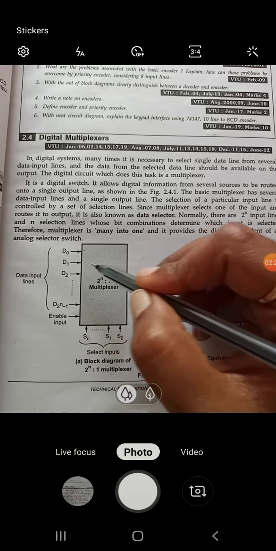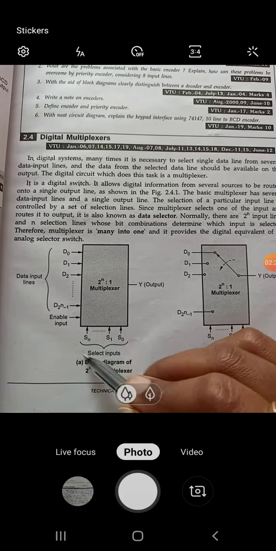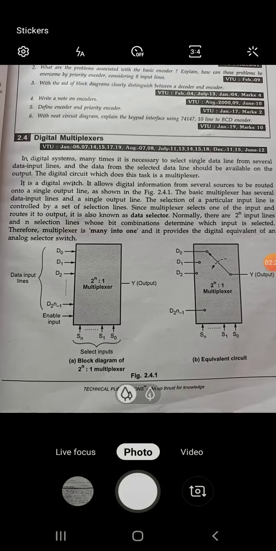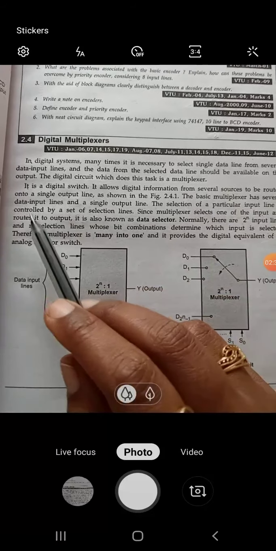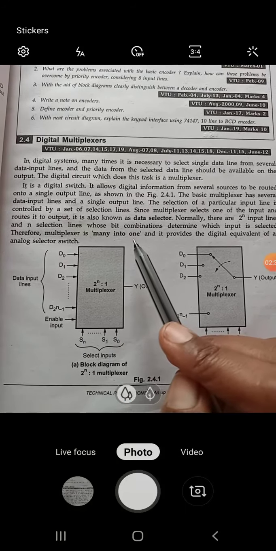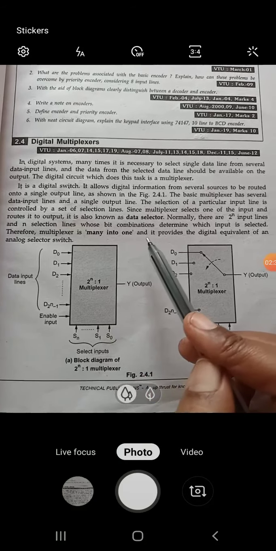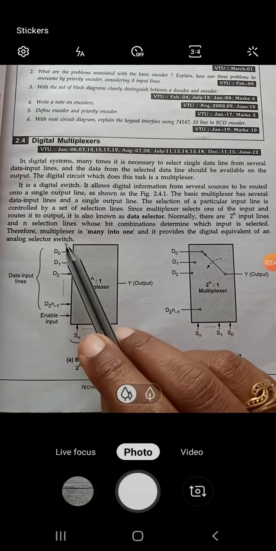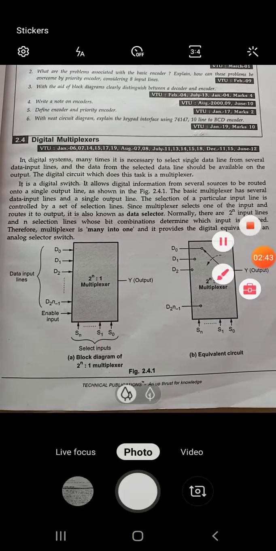That work is done by the select lines. Therefore this multiplexer is many to one: many inputs but the output is one, and it provides a digital equivalent of an analog selector switch.